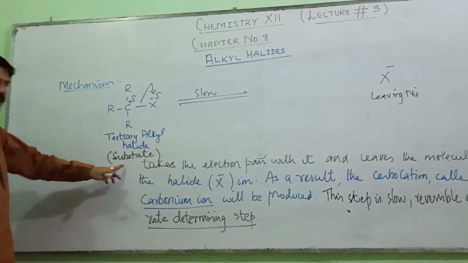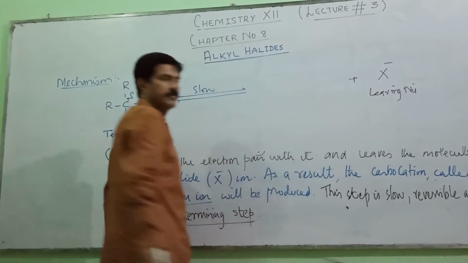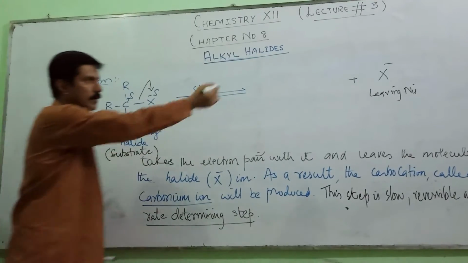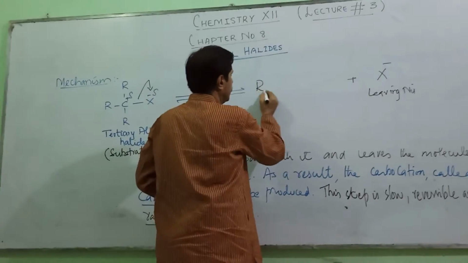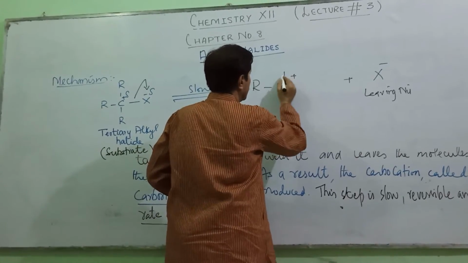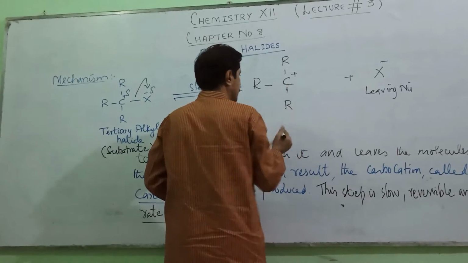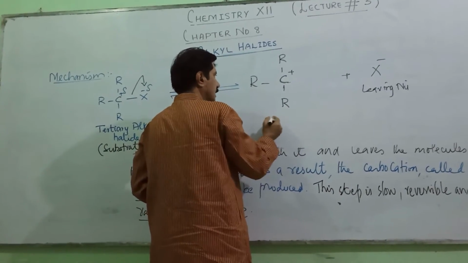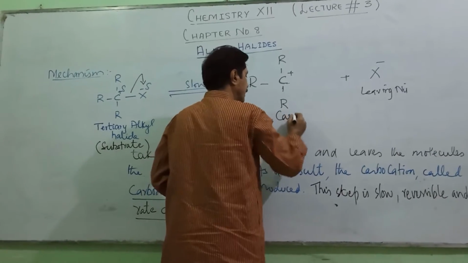The tertiary alkyl halide molecule is called the substrate. After leaving the substrate molecule, the halogen atom will be called the leaving nucleophile, while the carbon carrying positive charge on it is now called the carbonium ion. We call it simply the tertiary carbonium ion.